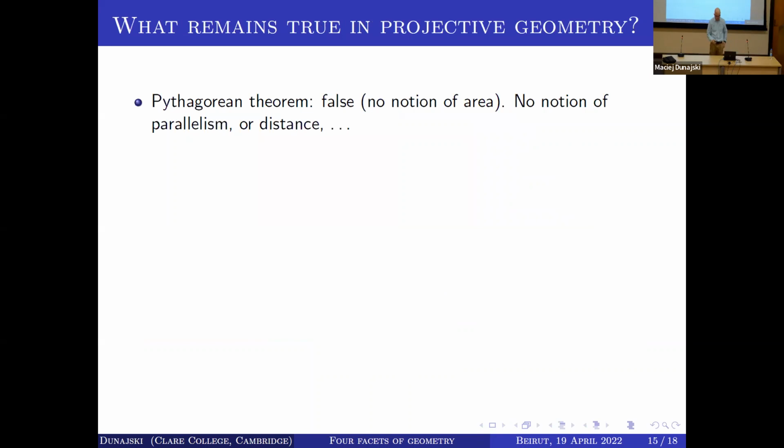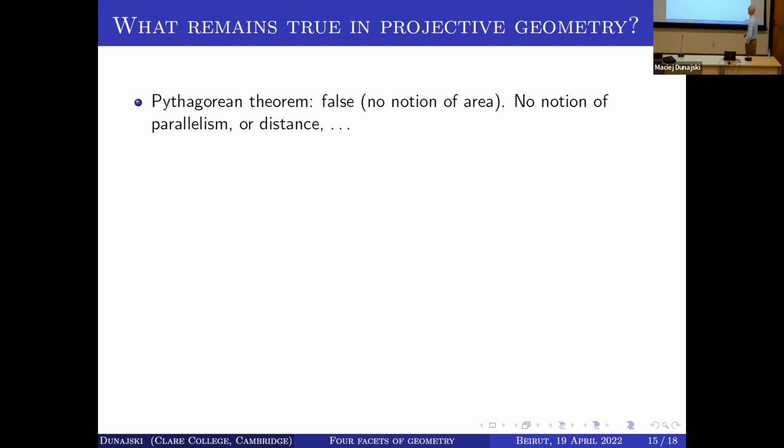You can then ask what, if anything, remains true in this projective geometry. For example, Pythagoras' theorem fails, and that's because if you take a picture of a right-angled triangle and squares, and you put it on a table, and you move away from the table, you look at it from a distance, the squares will just not add up to the bigger square, and even the triangle will not look right-angled anymore.